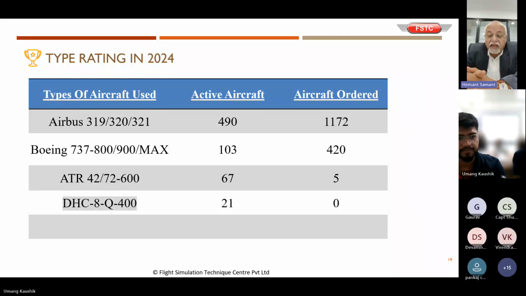Yes, charter flying is another option, but you spend 50, 60 lakh rupees on that type rating. And then your flying hours are few and far between. Your total cumulative experience to build to ATPL will also take a lot of years.